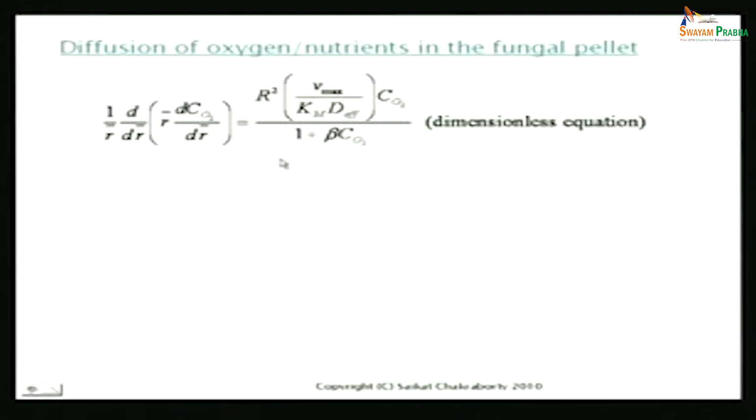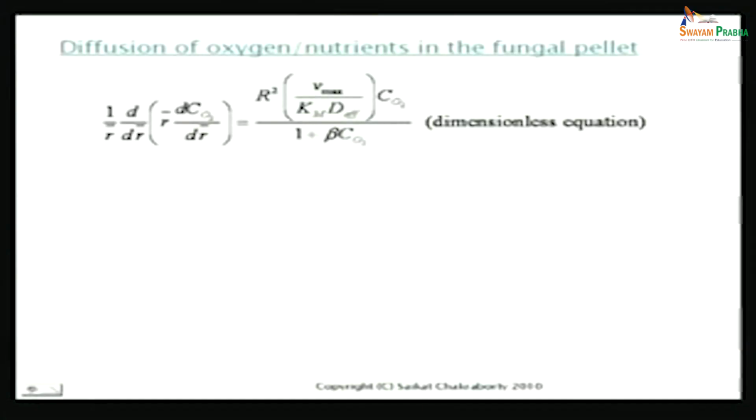So this is the equation in dimensionless form, and the reason I wrote it this way is that we did this already for the enzymes, and you can go back and look at the dimensionless form for the immobilized enzyme. If you remember, just before the exams, we showed how to make it dimensionless for the immobilized enzymes, and it is exactly the same thing. Beta and these are the same coefficients that we had before, and this has to do with the Michaelis-Menten kinetics.